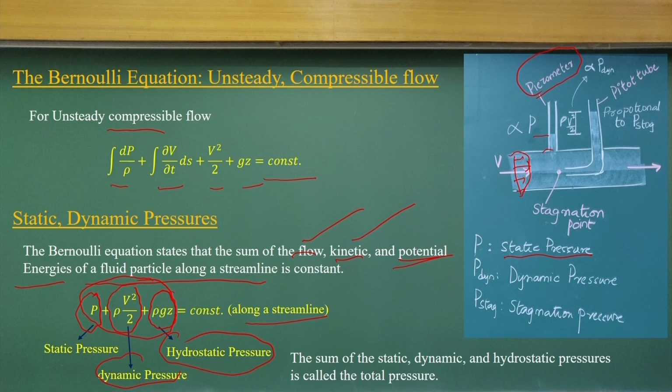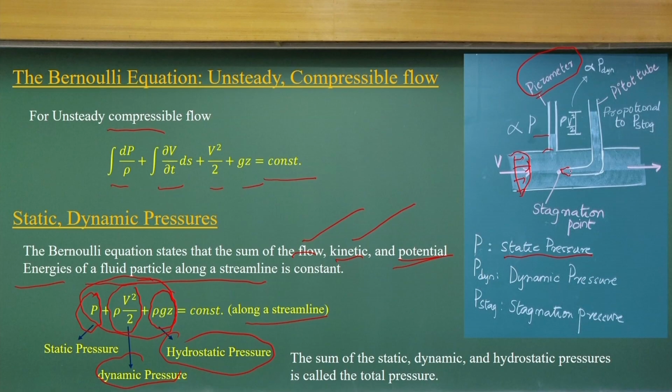But if I insert a tube and put it inside this, as the flow is moving with velocity v, since it is a fixed point of contact, the velocity has to be 0 at that point. So, the stagnation point will form here.